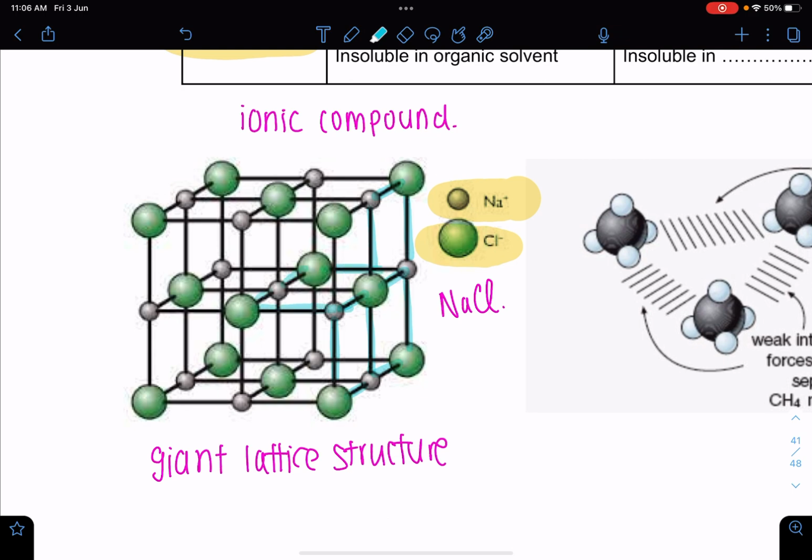So this gives us a hint that the forces between all of these ions are very strong. It is like a cage that is sufficient to even lock a tiger inside. Okay, so these are very, very strong bonds in between the ions.